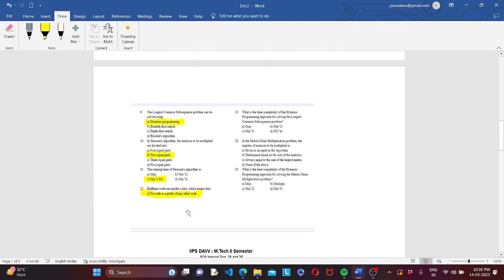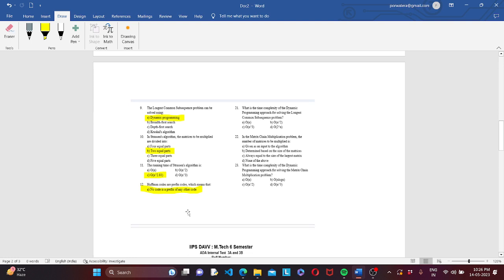What is the time complexity for the dynamic programming approach for solving the longest common subsequence problem? The answer for this would be O of n to the power 2, which is option B. Now question number 22, in the matrix chain multiplication problem, the number of matrices to be multiplied depends upon what is given as an input to the algorithm.